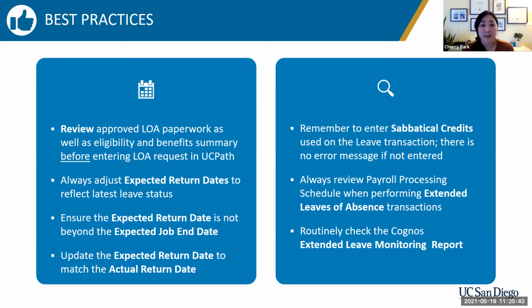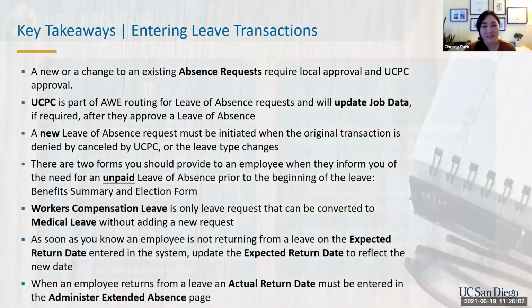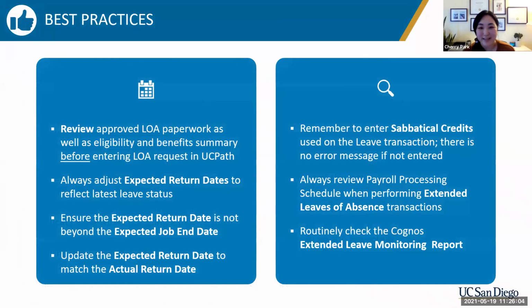And update the expected return date to the actual return date or to have them match. Remember to enter sabbatical credits used on leave transactions. There is no error message if not entered. And always review payroll processing schedule when performing extended absence leave transactions. Routinely check the Cognos extended leave monitoring report.